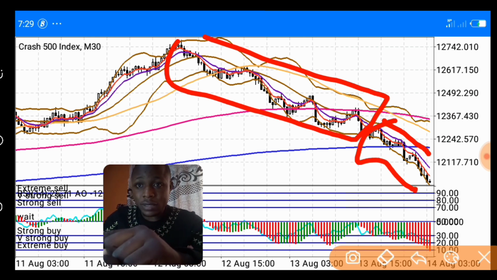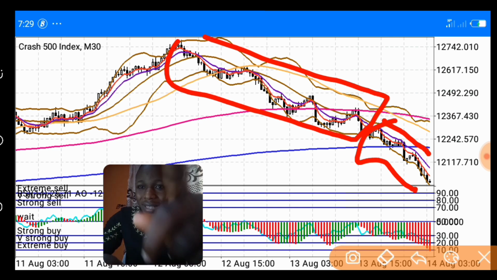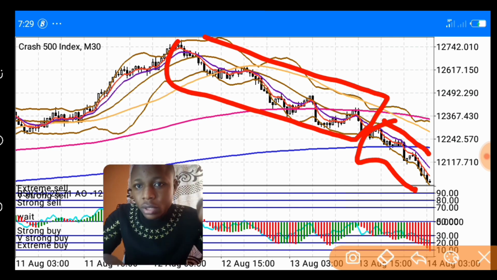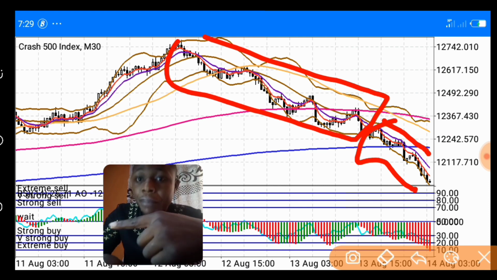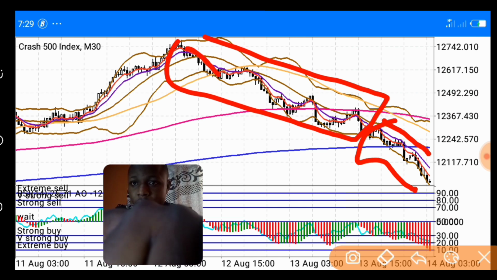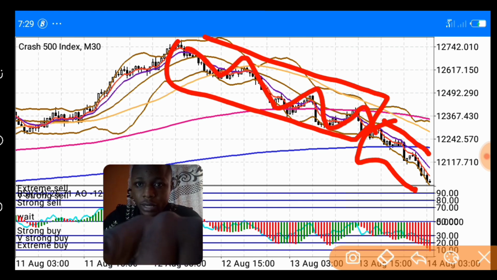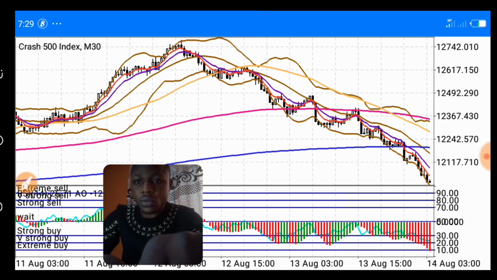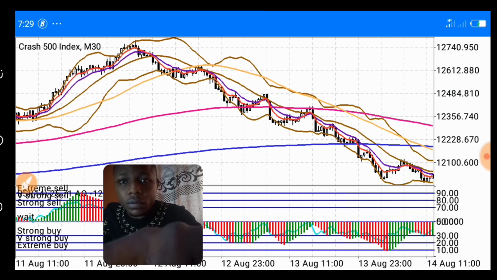Those are the characteristics: swinging trends later break out into a strong trend. Let's say 80% of swinging trends later break out to continue that trend, not against it. You can see it has been swinging over here, then came here, then broke out to a strong downtrend.